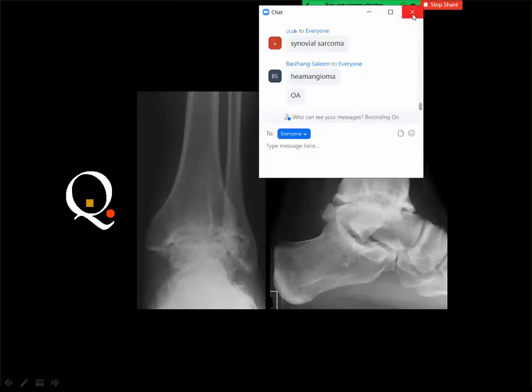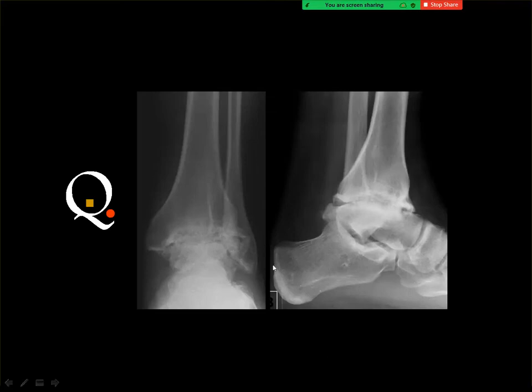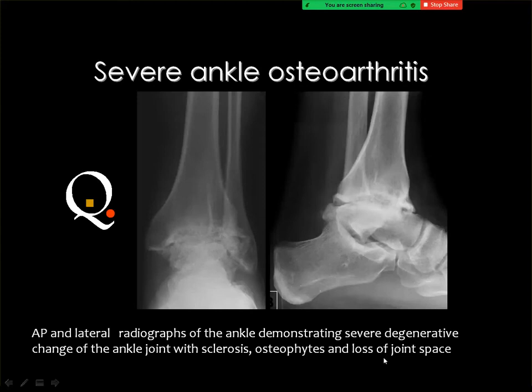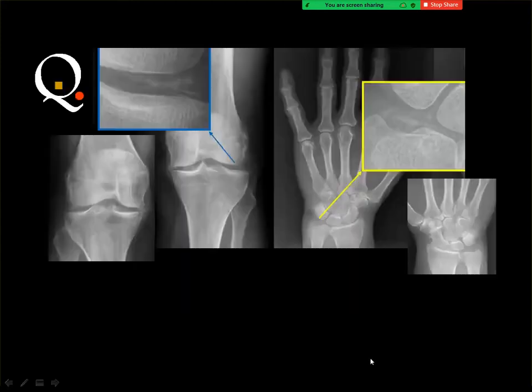Yes, and this is osteoarthritis, severe osteoarthritis of the ankle joint with all the findings of osteoarthritis, narrowing of the joint space, subarticular bone sclerosis, osteophytic lipping of the articular surfaces, and you may appreciate some pseudocystic changes as well. This is a severe ankle osteoarthritis.